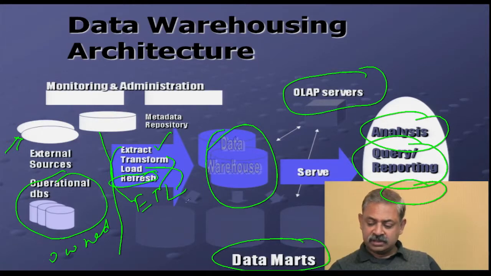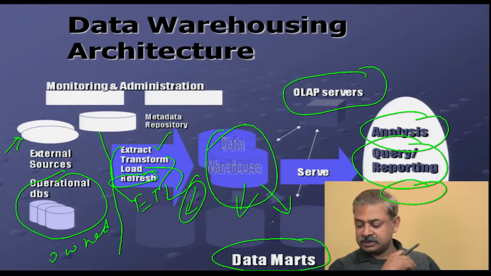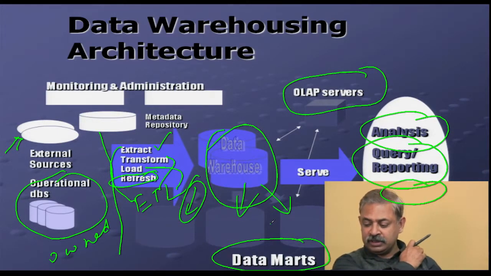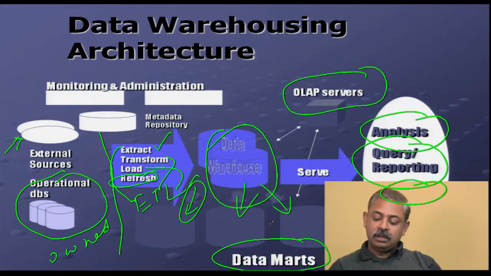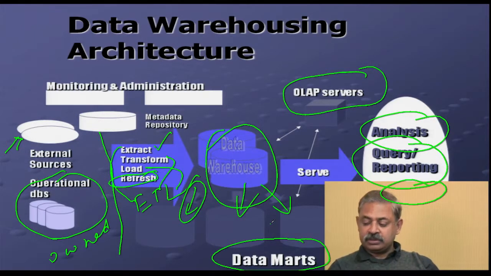And for data marts, here you can see that arrows are pointing downwards. That means these data marts have been derived from the data warehouse, and this is a typical top-down kind of architecture for a data warehouse. We'll also be looking at a bottom-up architecture, wherein you first build the data marts.